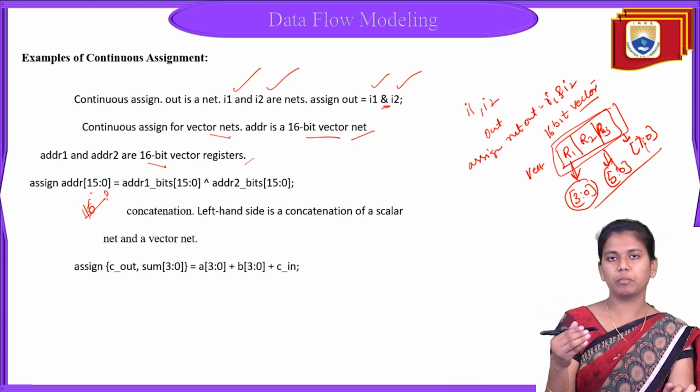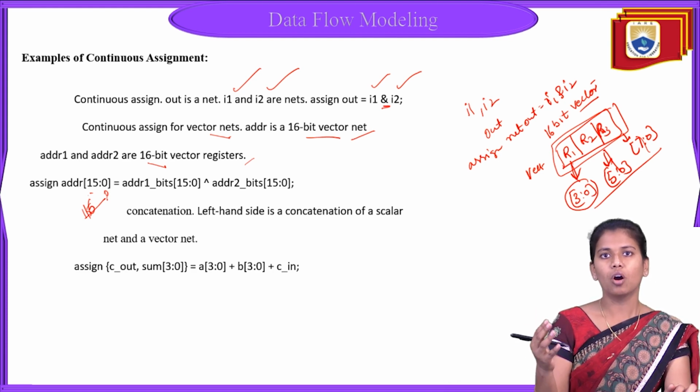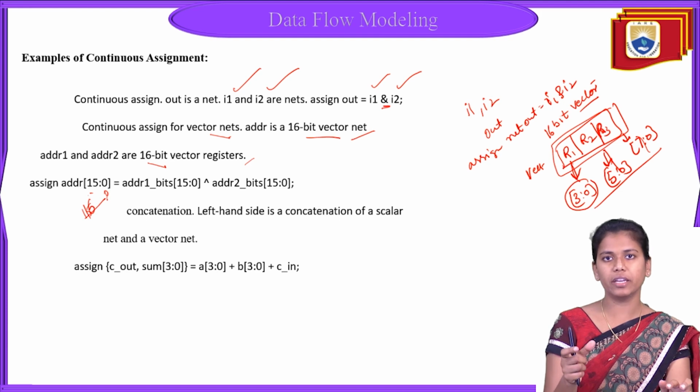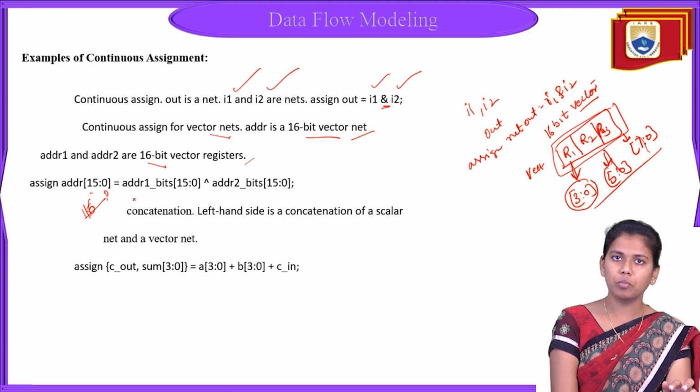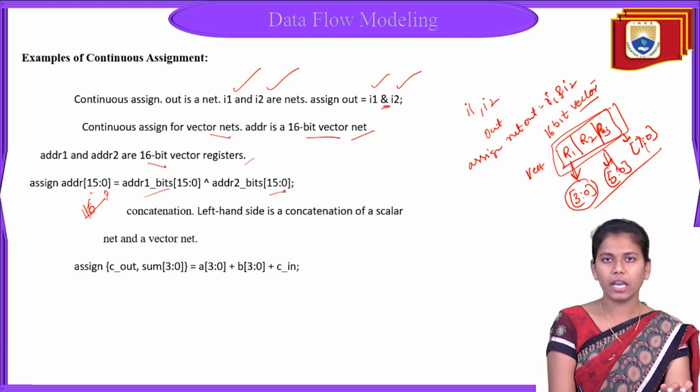Using the AND operation, we are concatenating the two vectors. The continuous assignment, as previously stated, could be either a scalar or a vector, or it could be a concatenation of both vector and scalar. So here we are concatenating both the address bits, address 1 and address 2.